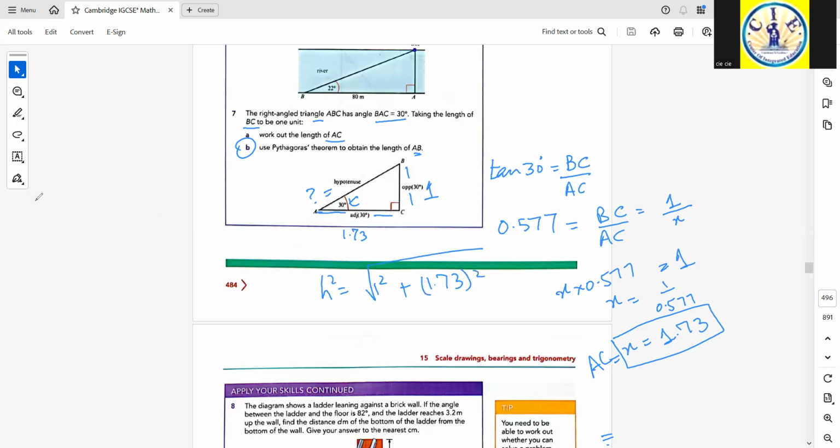When you just vanish this square of h, and now this will give us, using your calculator, a value of 1.998. So that is equal to h equals to 2. So the value of the hypotenuse is 2. So that completes question number 7.